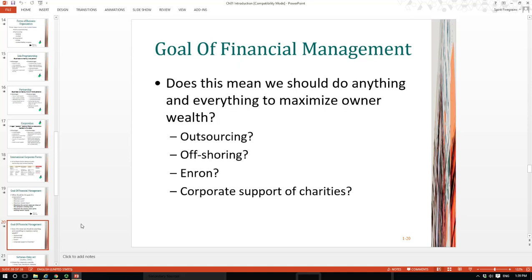All of those things may directly or indirectly support the goal of maximizing shareholder wealth, but we need to analyze each individual activity on a case by case basis. For example, support of charity, right? Support of charity will hurt shareholders' short-term interest, because cash is not going back to shareholders' pockets but to charities. Right?